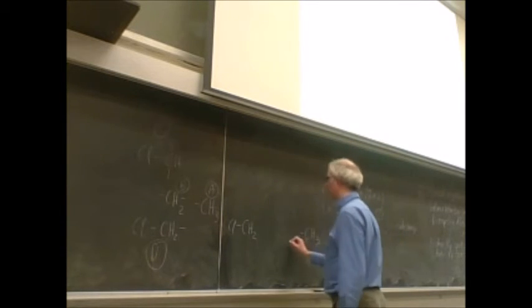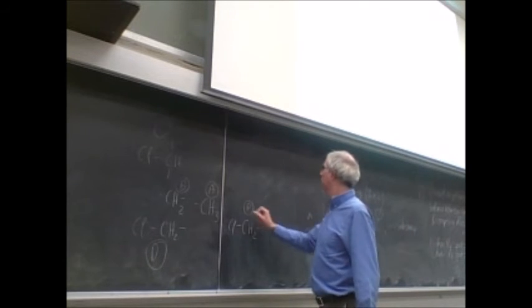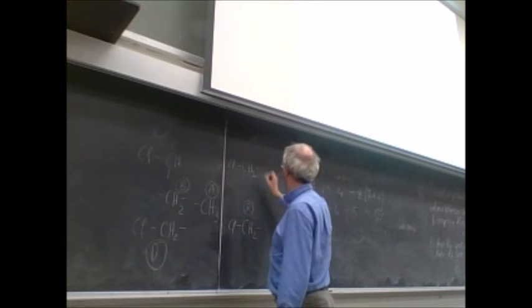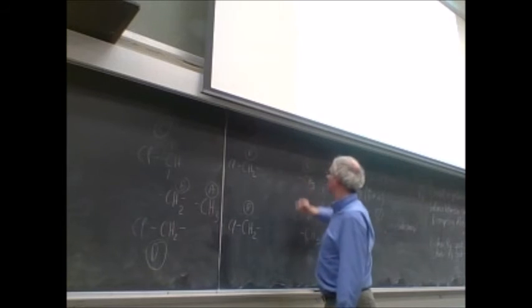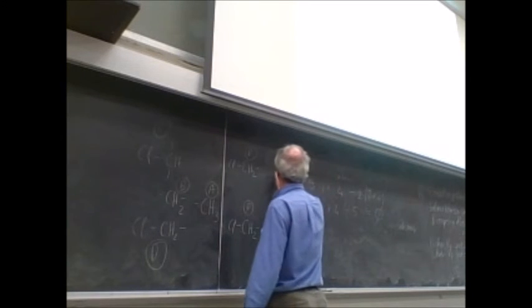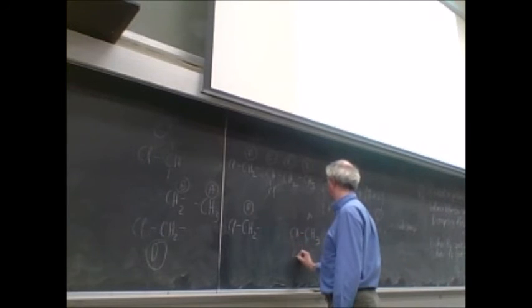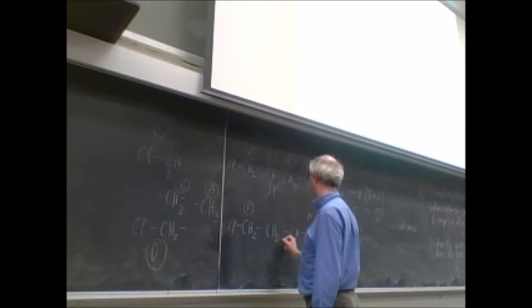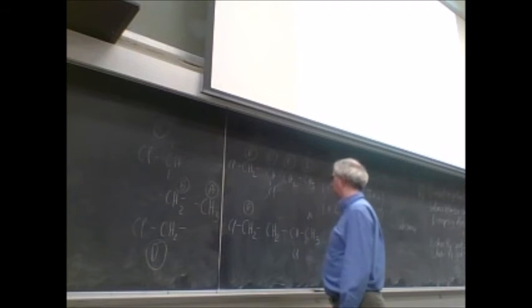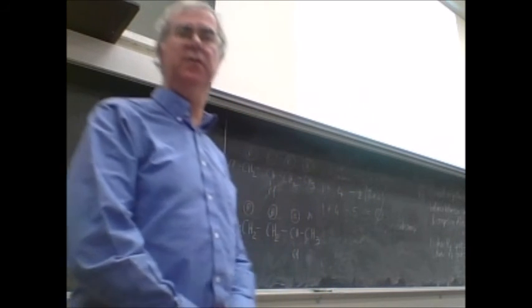All right, so this is A and D. We can either have A, B, C, D. Or we can do A, C, B, D. So how are we going to figure out what we have?